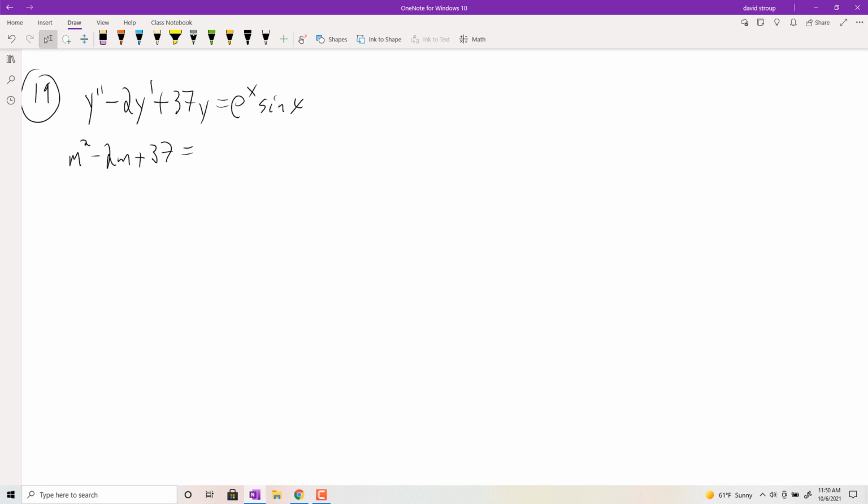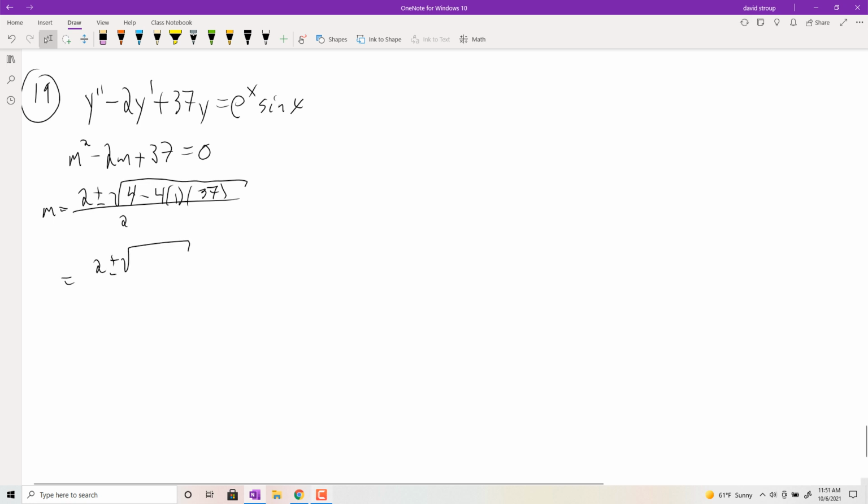So m is negative b, which is 2, plus or minus the square root of b squared, which is 4, minus 4 times a times c, all over 2 times a. So you get 2 plus or minus the square root of 4 minus 4 times 37.